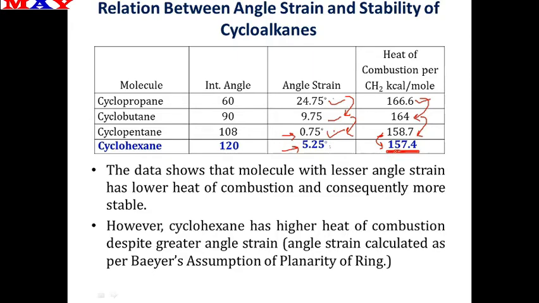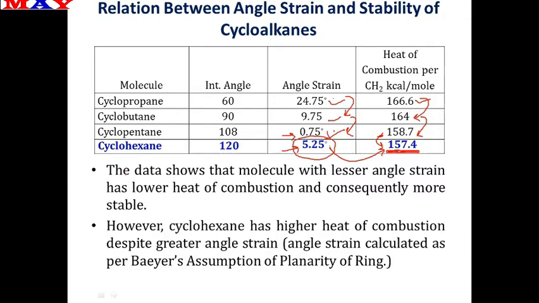And we know that in open chain compounds there is no angle strain. Therefore, it appears that even the cyclohexane ring has no angle strain, and this value of angle strain is not in agreement with the heat of combustion value.